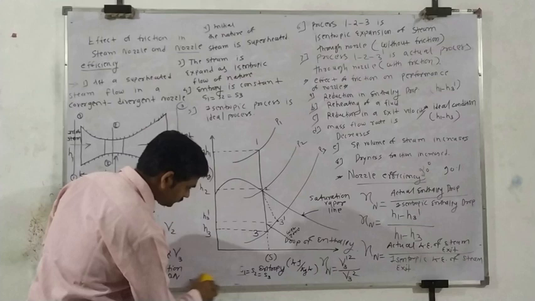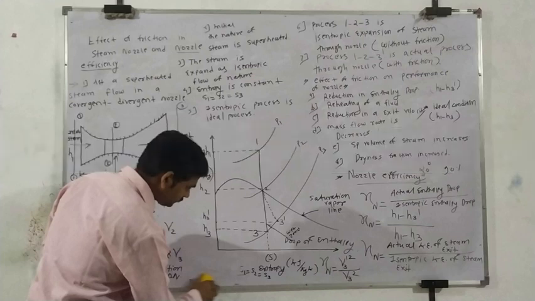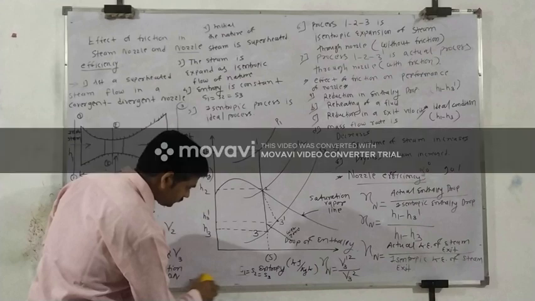It is a ratio of actual velocity at a nozzle exit upon isentropic velocity of a steam at nozzle exit, means V3 dash upon V3. Or another definition, square root of nozzle efficiency. So this is the third definitions.